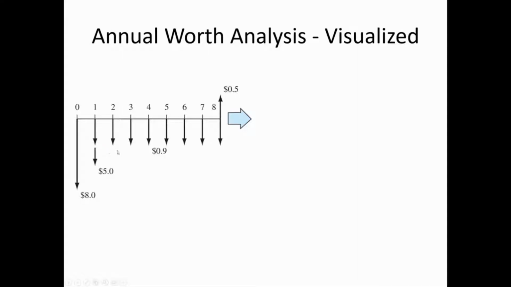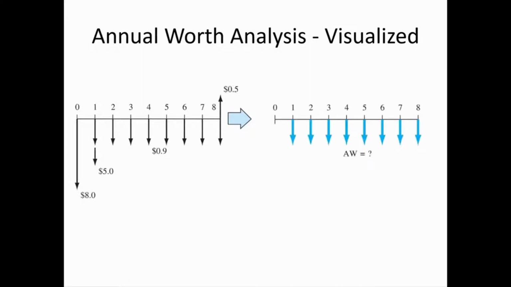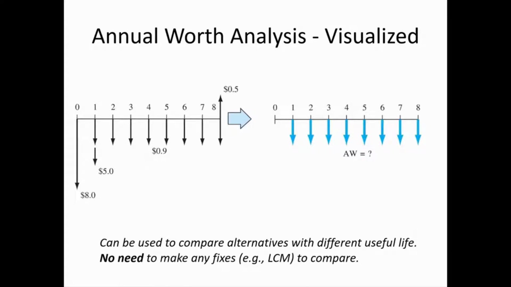In each period there is either a revenue or a cost. So here we want it to look like just a single string of equal costs. Some of the original cash flow diagram has parts that aren't yet on an annual basis. And so, for instance, we're going to convert the amounts at year 0 and year 1 and year 8 into the annual worth.